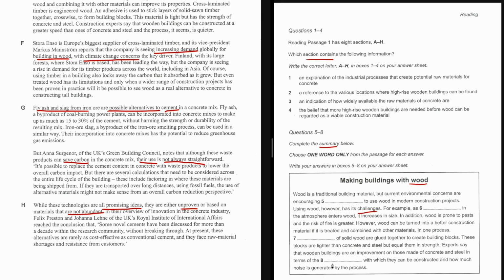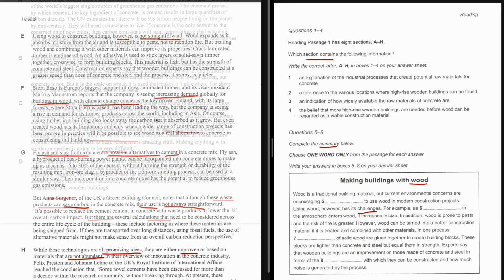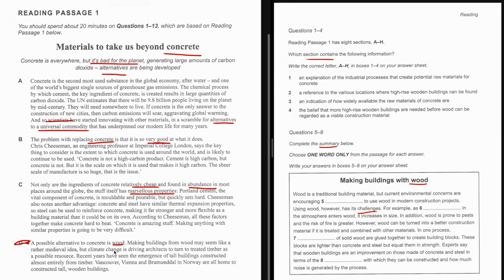Reading this paragraph real fast makes us aware of the contents of the summary. Now we can start from the first one or any of the others that are familiar to us. I think the first one, number 5, seems to be a good starting point because it is about introducing wood as an alternative, and that's most likely here.